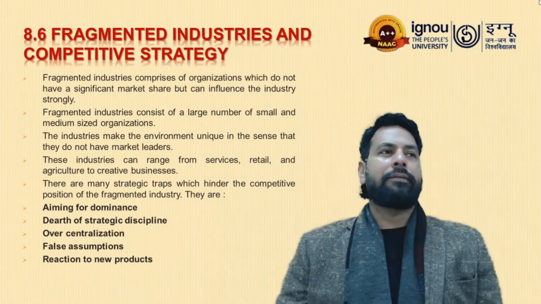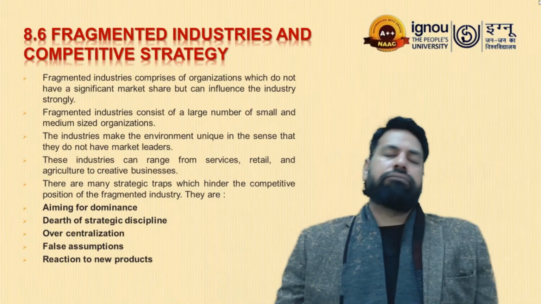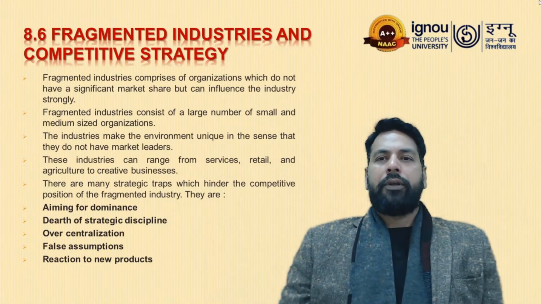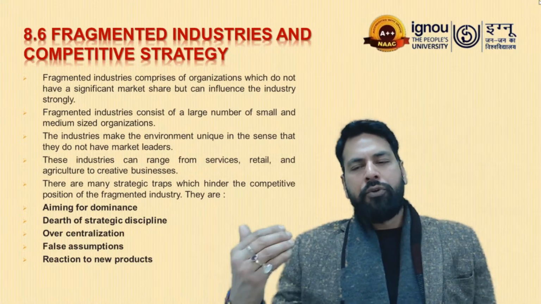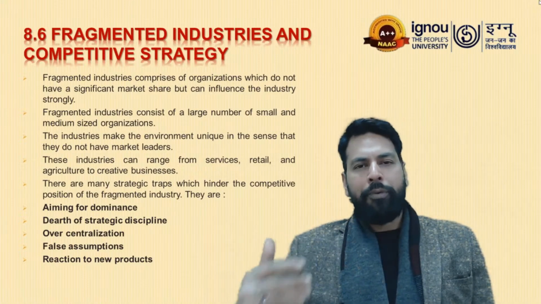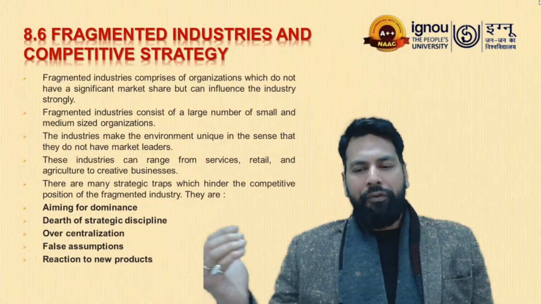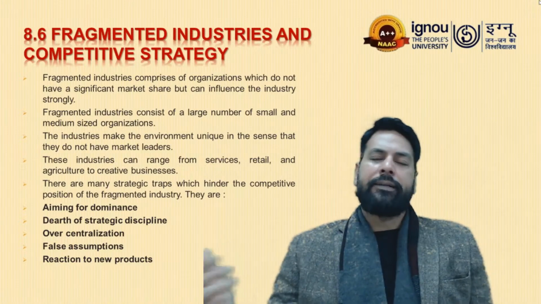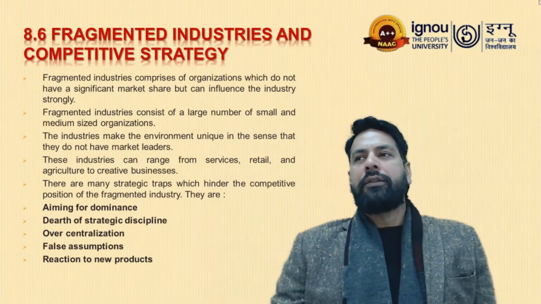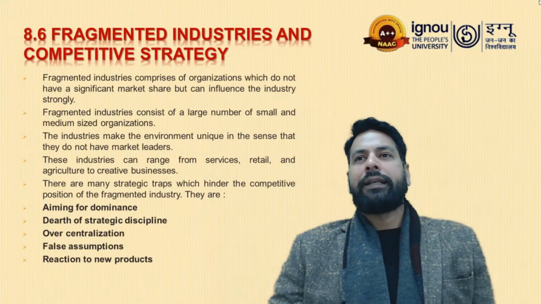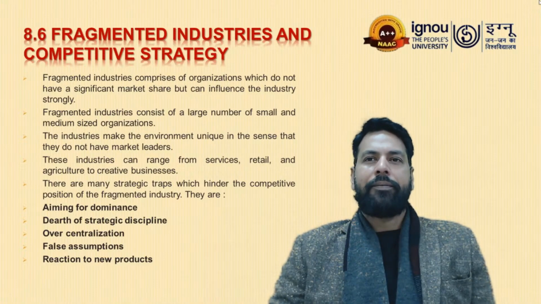Now these bigger companies, I will give you another example of Hindustan Unilever Limited, HUL. Now they have got different SBUs, strategic business units, which have got their own bosses, their own plans, own strategies, and they are free to take most of the decisions. But here what happens in fragmented industry, the command is very much centralized.